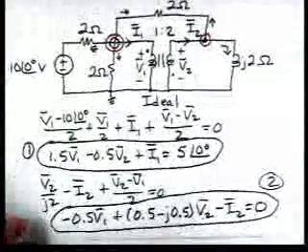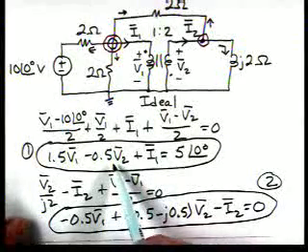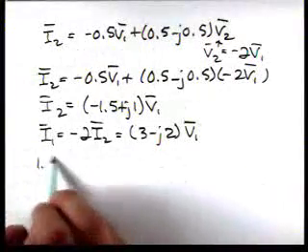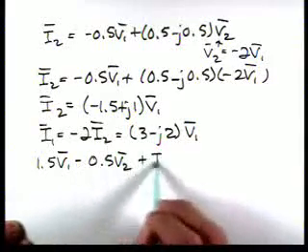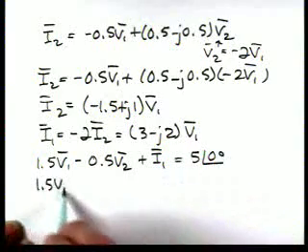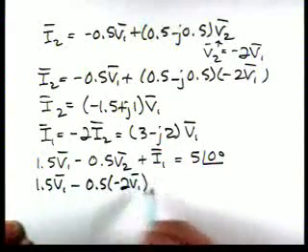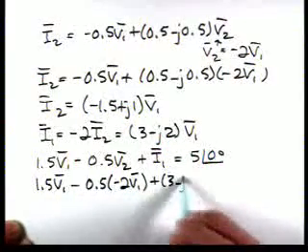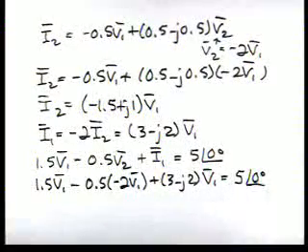Now let's go to this equation, and substitute for V2. Okay, so we have 1.5 V1 minus 0.5 V2 plus I1 equal 5 at an angle of 0. So we have 1.5 V1 minus 0.5. Now remember, V2 is minus 2 V1. And if we substitute in this expression, we'll have 3 minus j2 V1 equal 5 at an angle of 0.